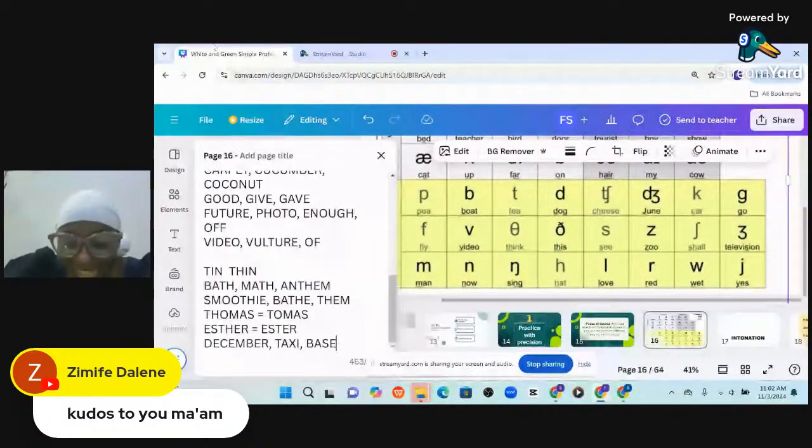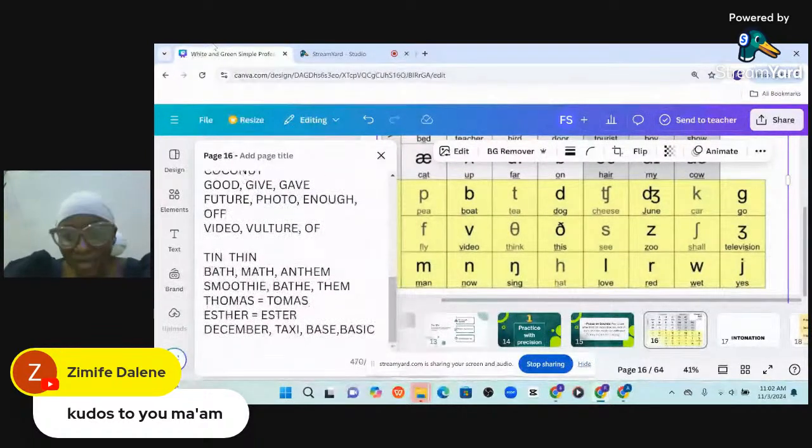The S does not change to a Z. Base. Like the word basic. It's not bazic. The S remains an S. Do not sound it as a Z. Basic. December. Taxi. Base. Basic.